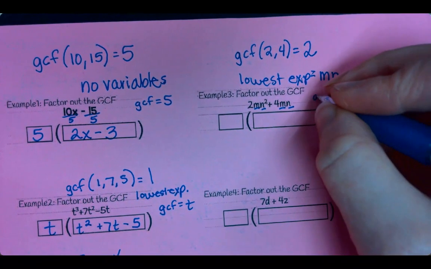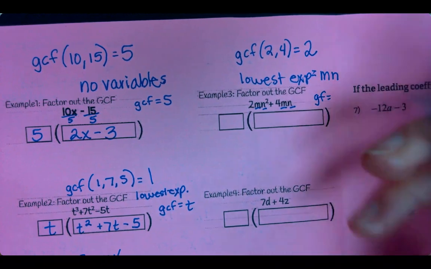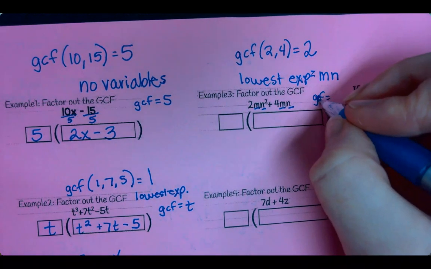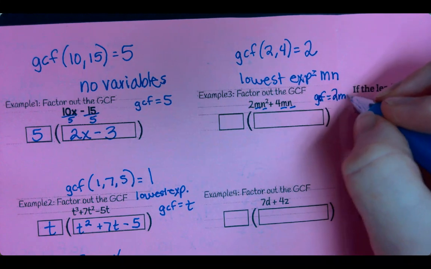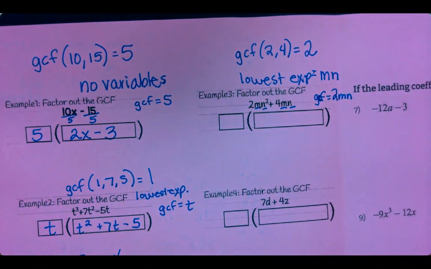So then our GCF, we put these together. GCF is 2mn. Once you find your GCF, you put it out front.